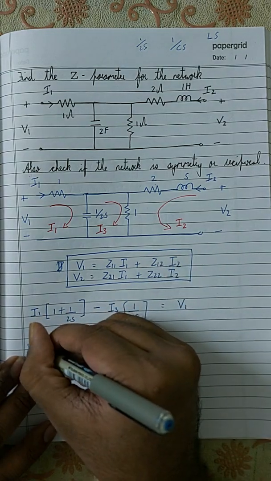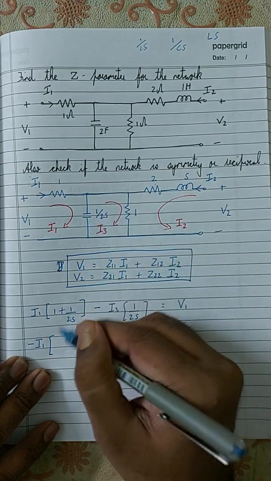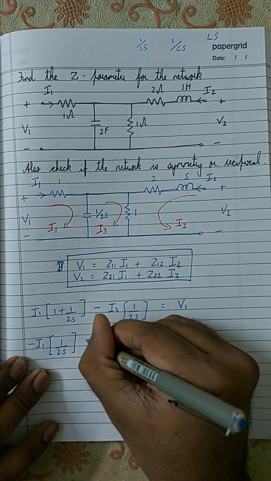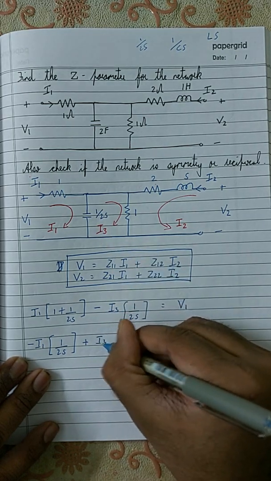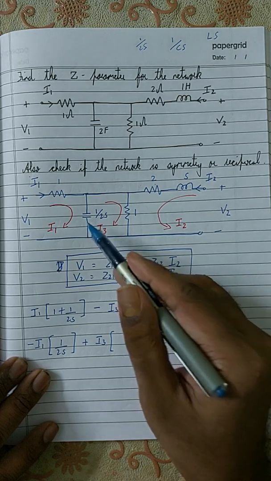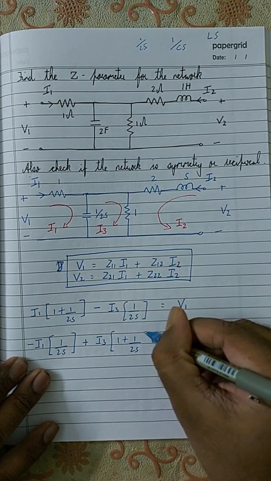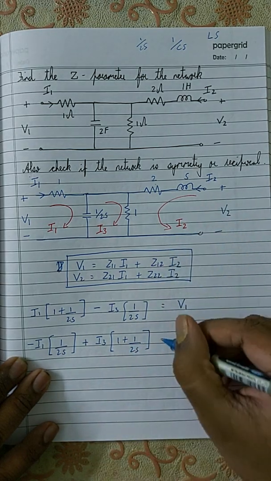So I say minus I1 into, and I1 is touching only this element, so it is 1 by 2s, plus I3, and I3 is touching these two elements, which is 1 plus 1 by 2s, okay, and plus I2.